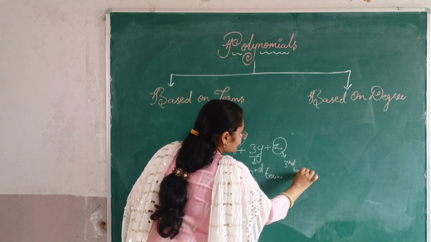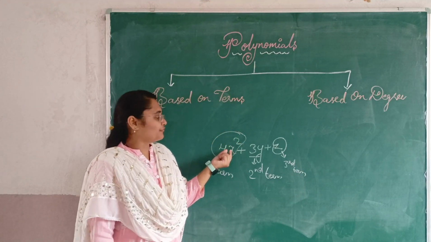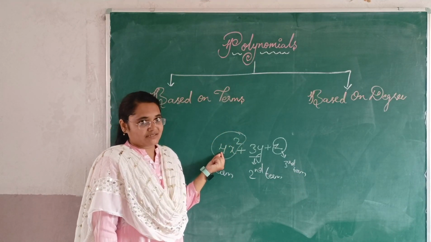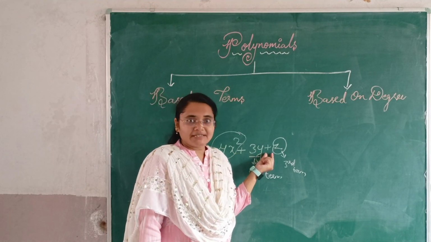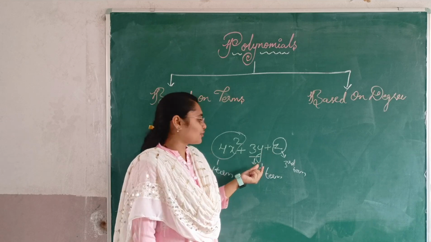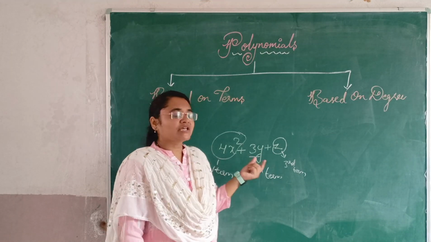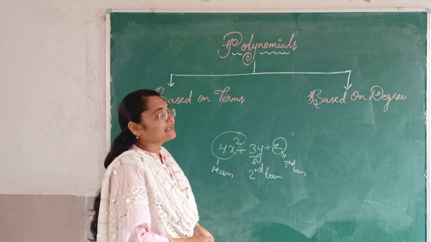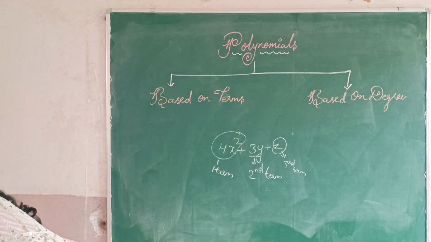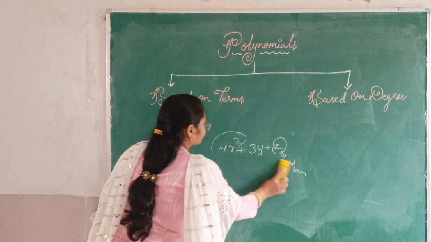So term means the combination of variables and numbers which have been divided with the basic mathematical operators are called terms. So here we are having three terms in this algebraic expression.